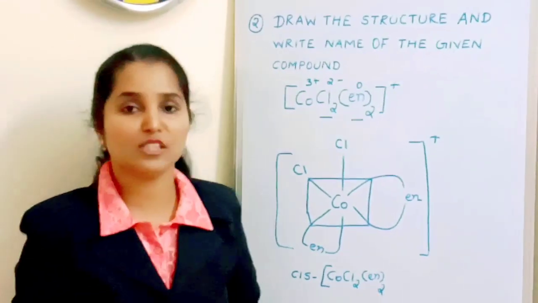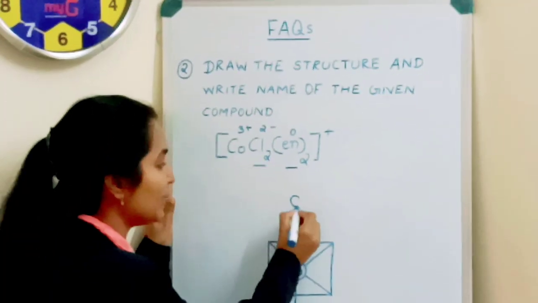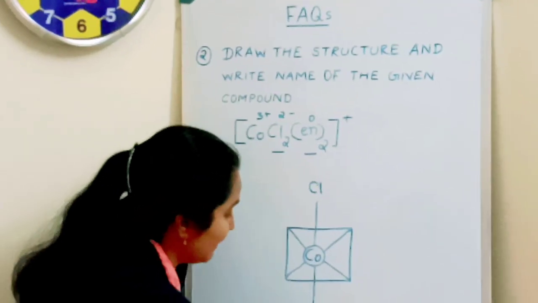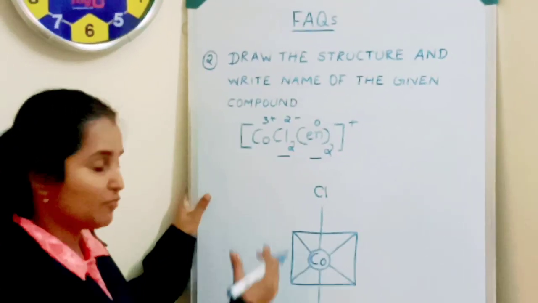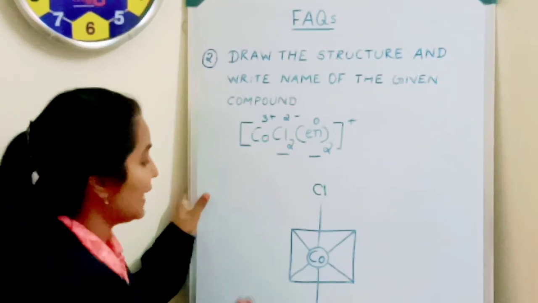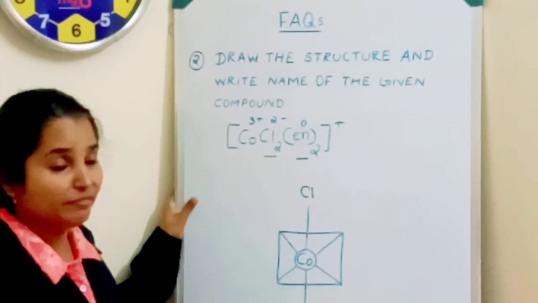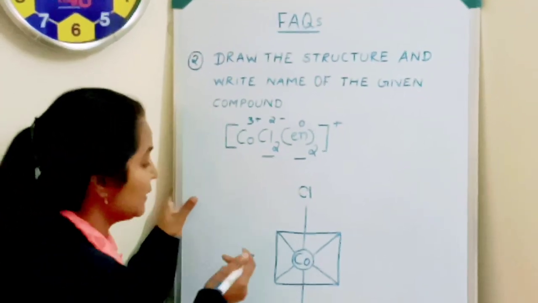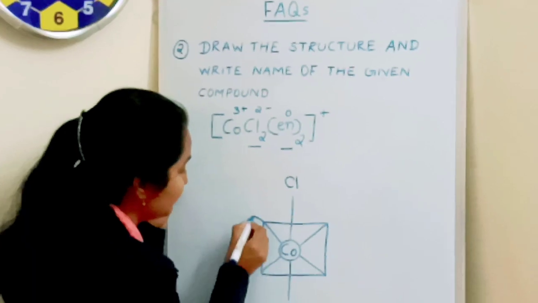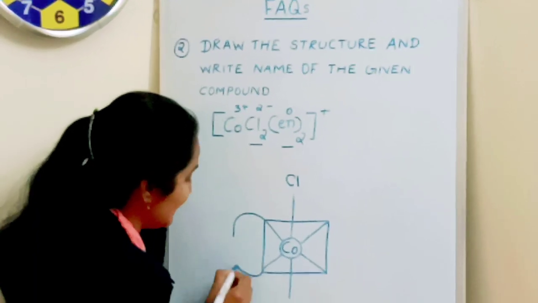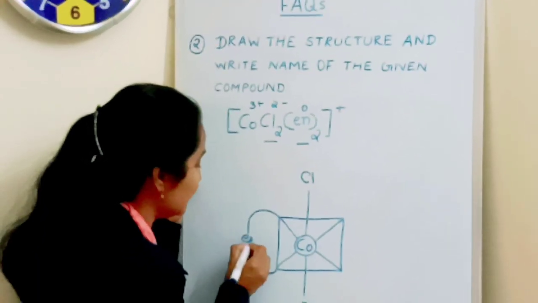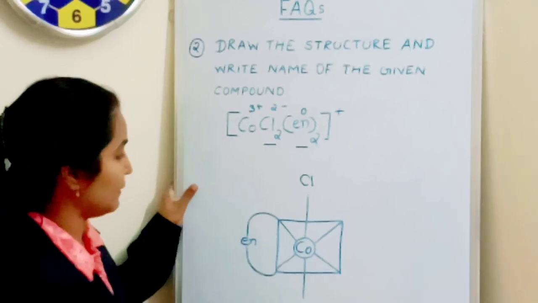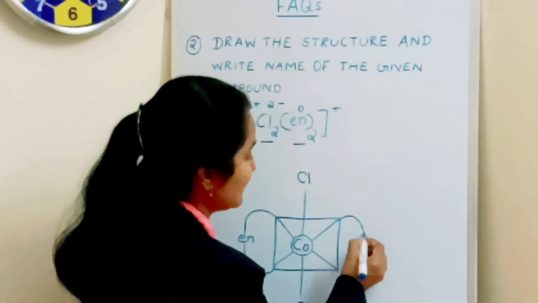Now let's see the trans form. We have placed the two Cl ligands opposite each other, so it became the trans form. Then we have en, ethane-1,2-diamine. Each en forms two coordinate covalent bonds with the central metal ion, so we have drawn it like this.